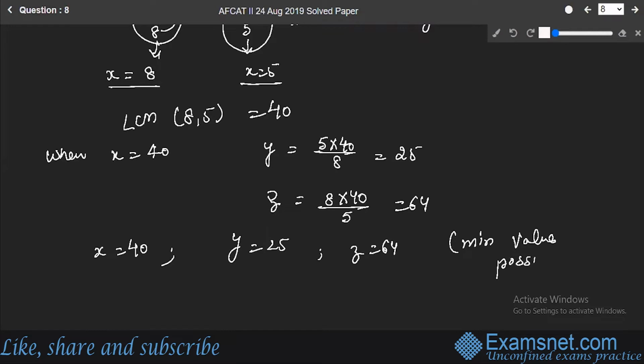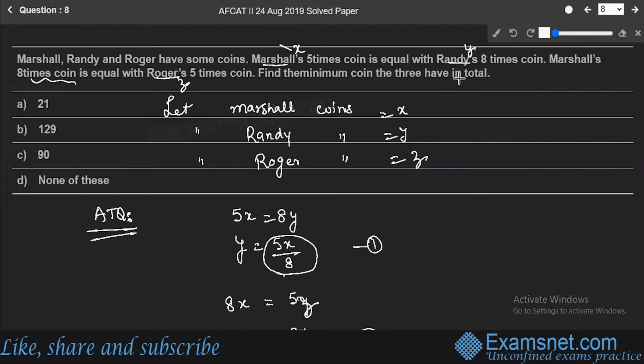More of these values are of course possible. You can have multiples of x, y, z, but the minimum one is x is 40, y is 25, and z is 64. The question was the minimum coins the three have in total.